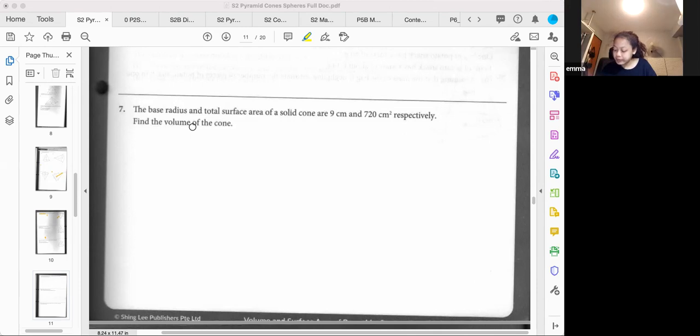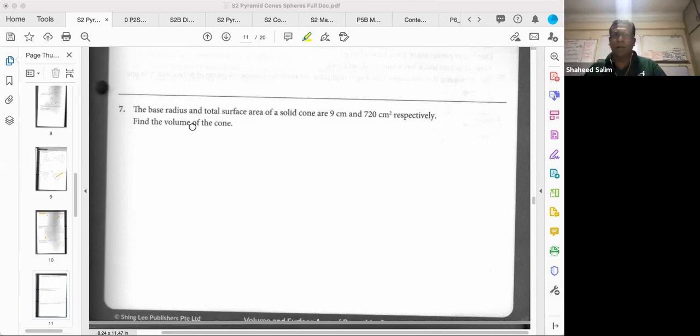Okay, this time you write down your values for slanted height. Write down the values for height.